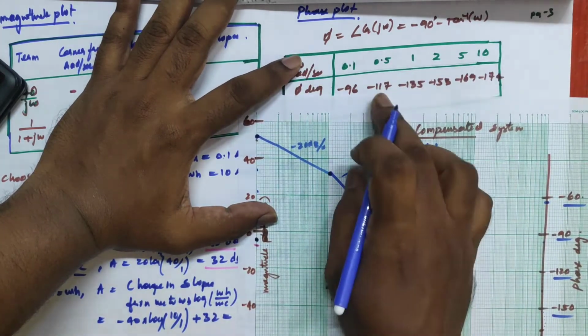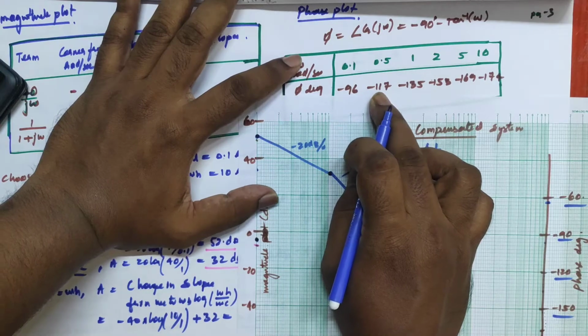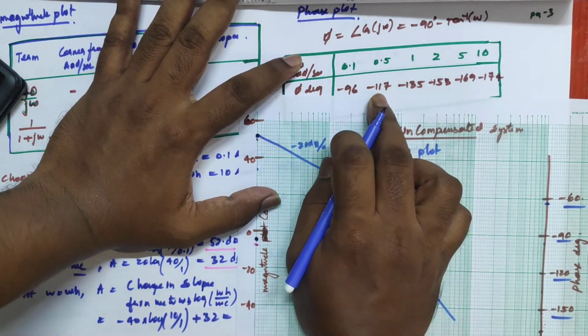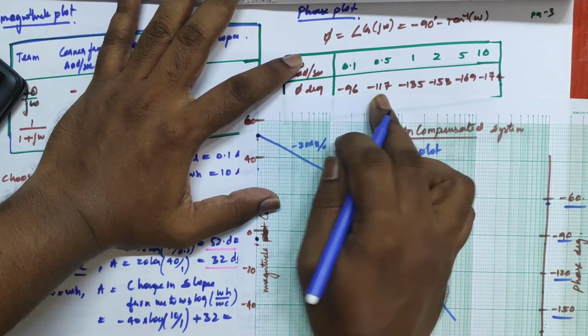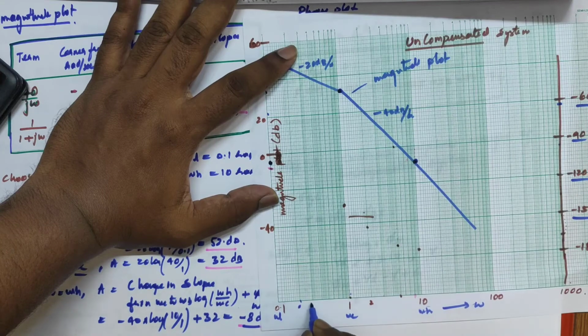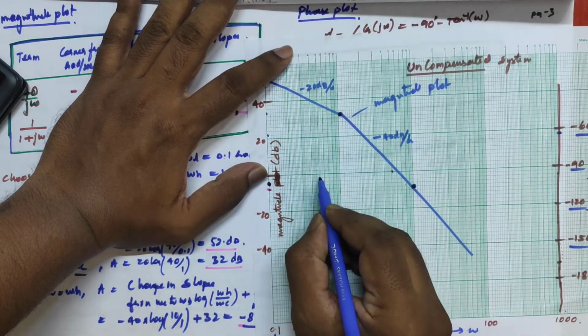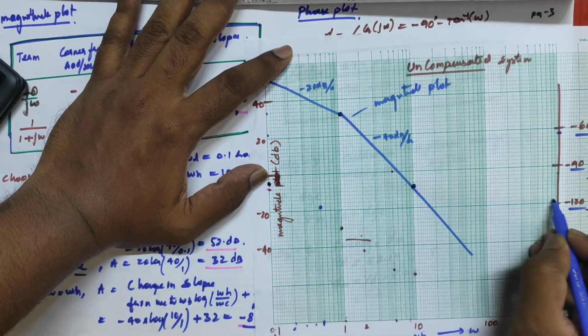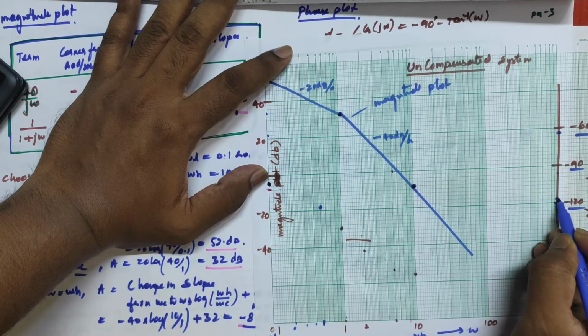At 0.5 I got minus 117, which is 3 points less than 120. So at 0.5, this will be my value, minus 117.